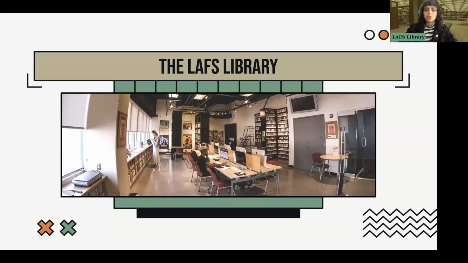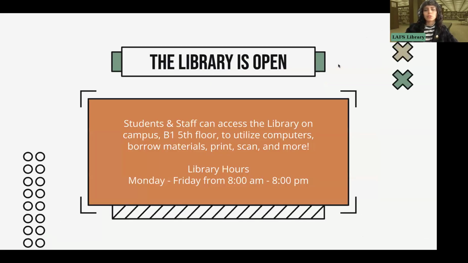And we'll get started with some info about the library. In terms of our hours of operation, for this term of September, students and staff can access the library on campus, which we are located in B1, 5th floor.